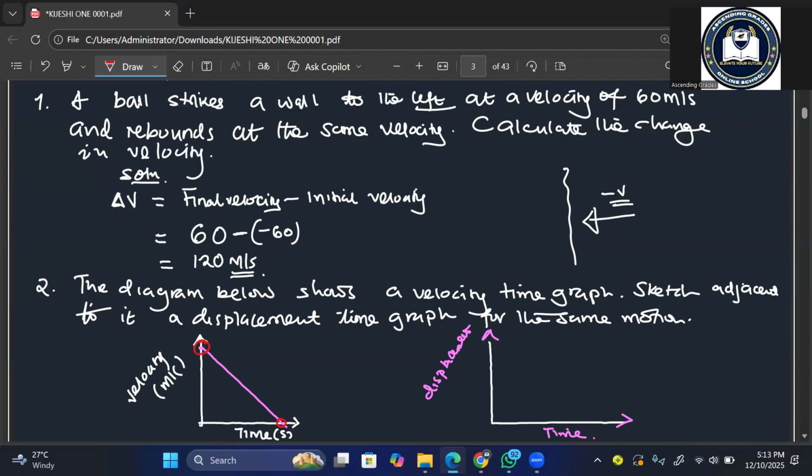So if I draw a graph of this manner, then I must show that at these parts there is no more change in displacement. So it is flattening. Then that one will have got a solution for the question. So that is it.